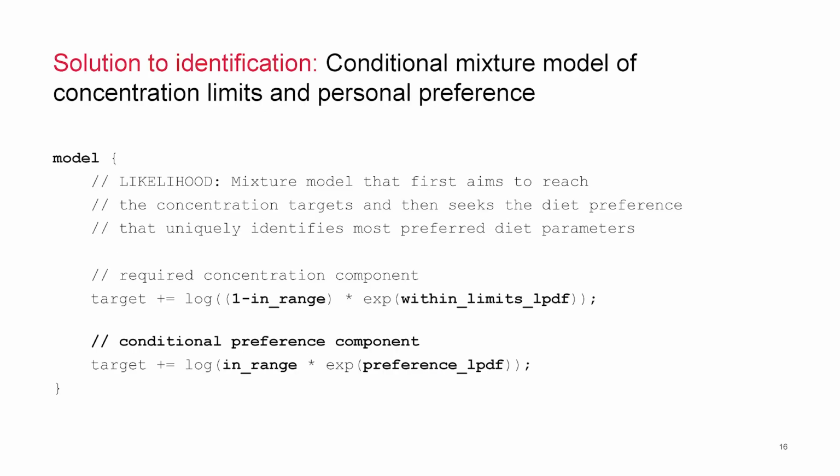the recommendations. And then we add the personal preference that is only considered after all the limits are reached. Then we want to find some most probable point, some mode for the posterior. And we are also building here this in-range coefficient that implements the conditionality.